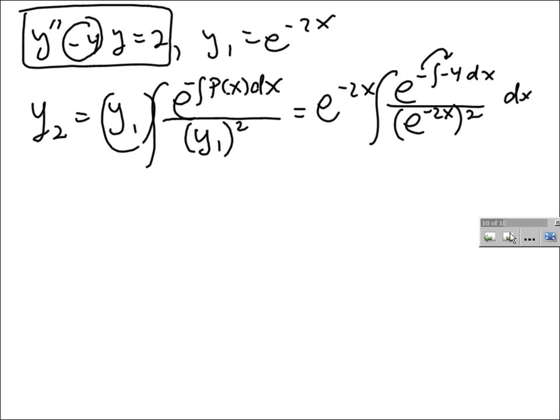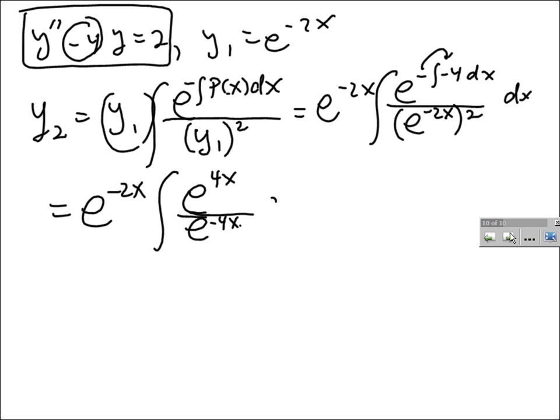Now that's just going to become plus 4. That's e to the negative 2x times the integral of e raised to the integral of 4 dx, which is just 4x, over e to the negative 4x dx.